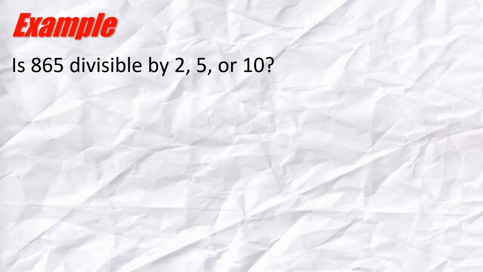Another example. Is 865 divisible by 2, 5, or 10? Let's look at the last digit. The last digit is 5. 5 is not an even number. Therefore, it's not divisible by 2.